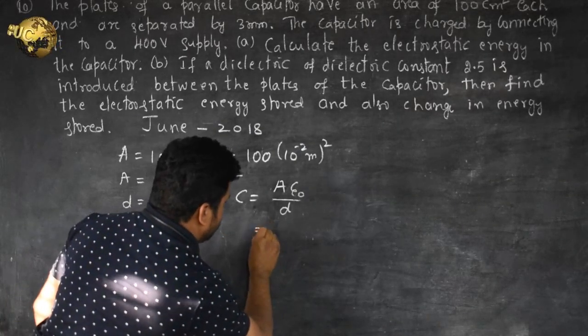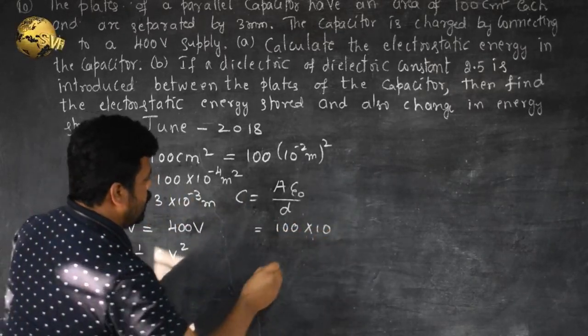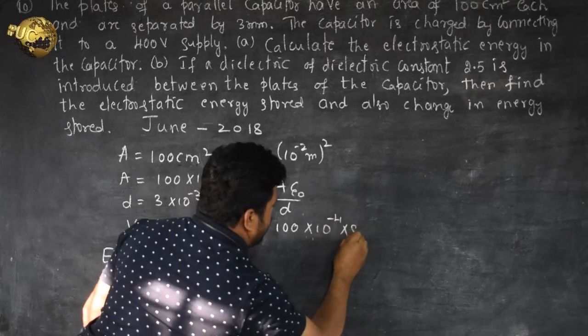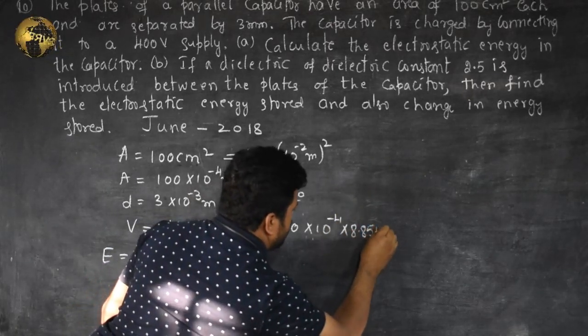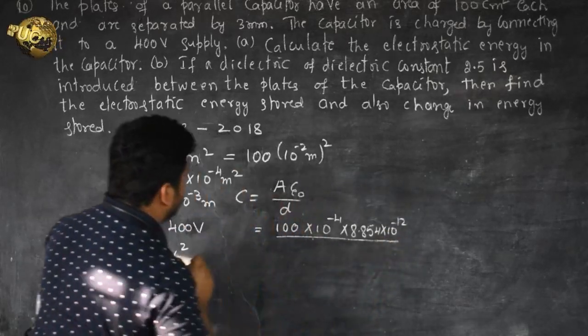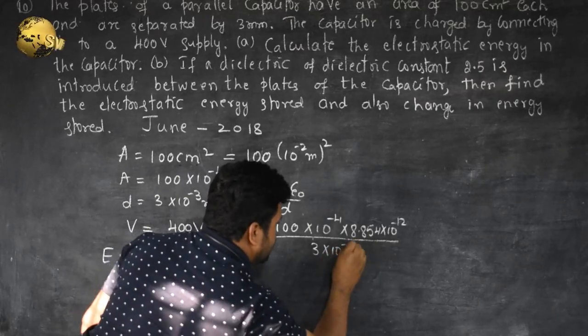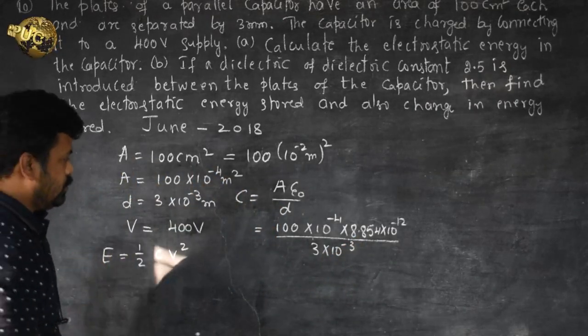So area 100 into 10 to the power minus 4, into 8.854 into 10 to the power minus 12, whole divided by D, that is 3 into 10 to the power minus 3. So let's solve this.